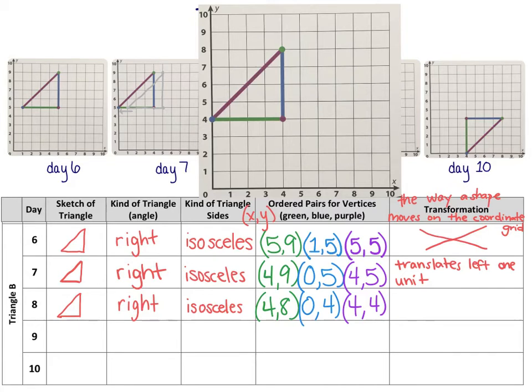Now, for transformation, the way the shape moves on the coordinate grid, again, I'm going to look at the previous day's points and plot them on my coordinate grid. So first we have 4, 9. So I'm going to go to 4 and then go up to 9. There's my first point.